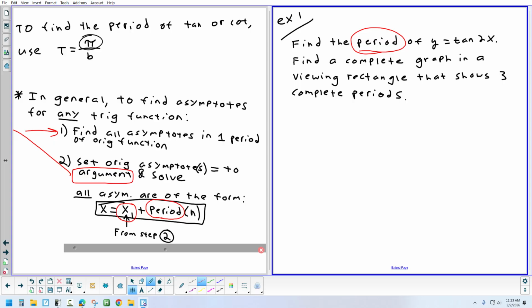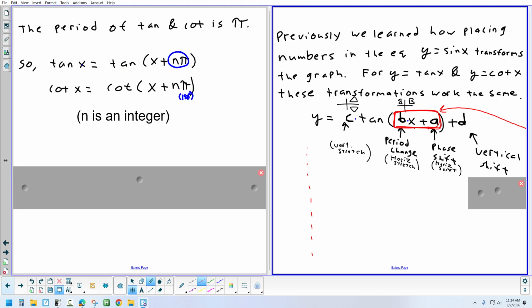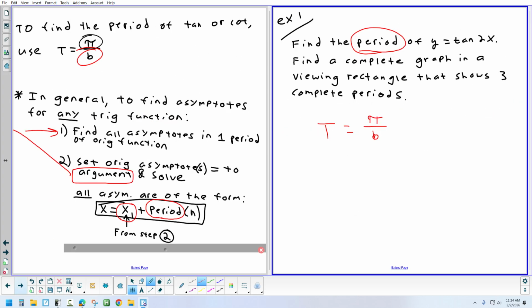Yep. Pi divided by b. Right. Period equals, I don't know why they use t, it's pi divided by b. And b is right there. It's the number in front of the x. Okay. So what is my b value in this case?